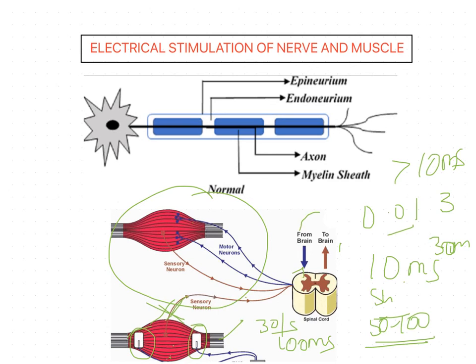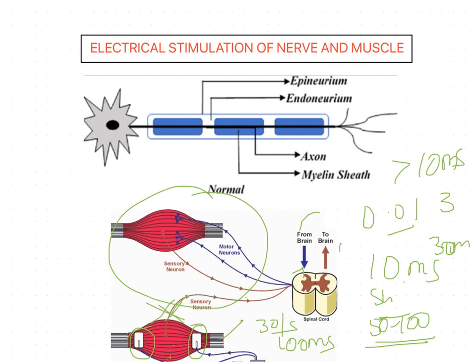These are the different types of impulses which can stimulate denervated muscle and innervated muscle.